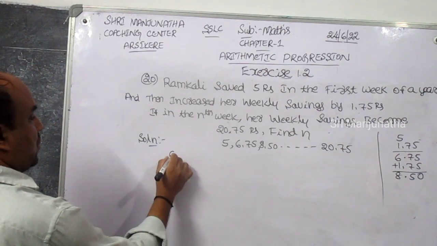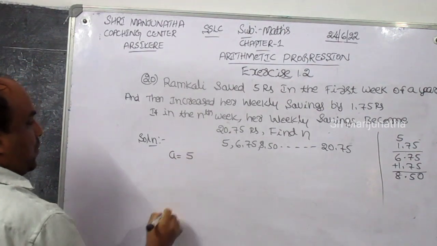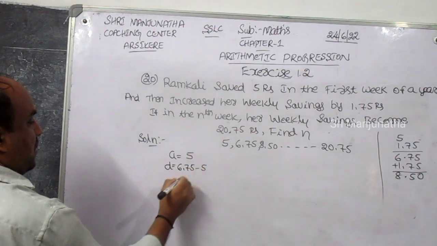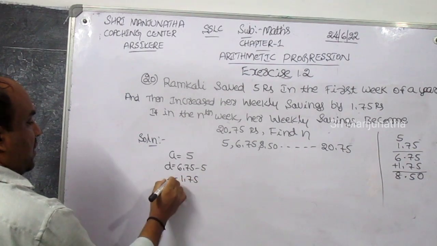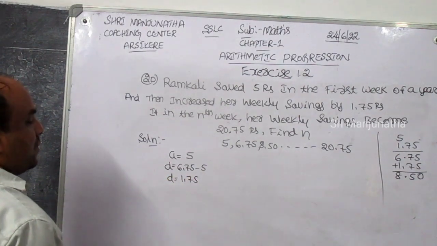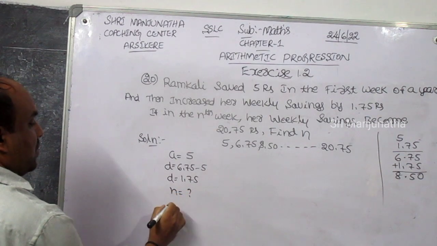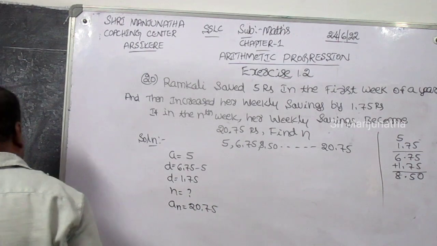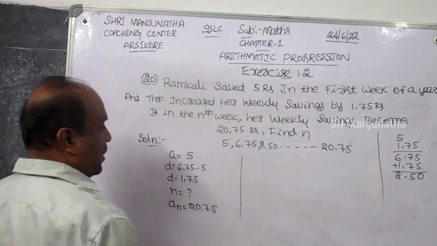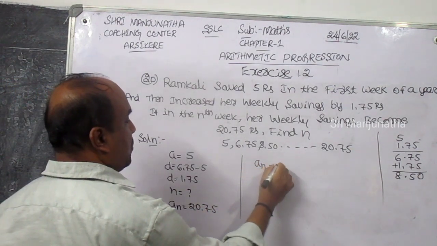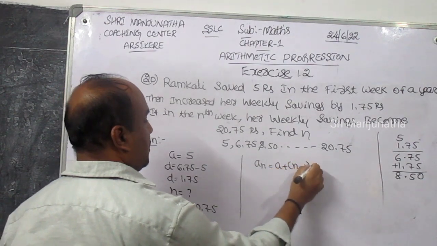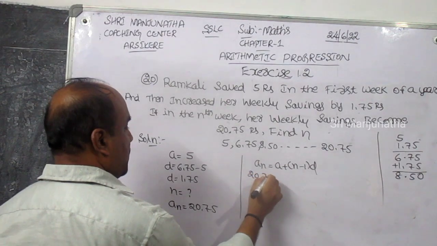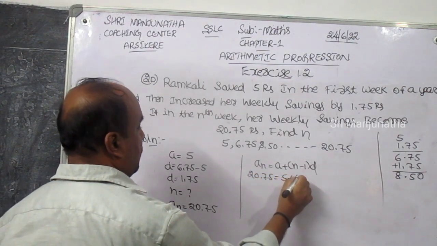Find the number of terms. A is equal to what? 5. D is equal to 6.75 minus 5, which is equal to 1.75. D is equal to 1.75. N we should find out. An is equal to 20.75, it is the given value. The formula is An equals A plus N minus 1 into D. The An value 20.75 is equal to the A value 5, plus N minus 1, we should find out.